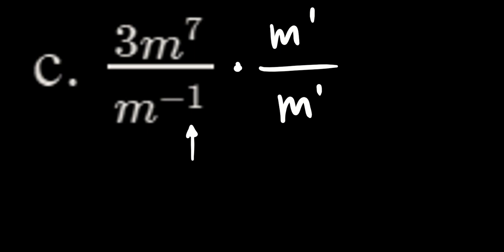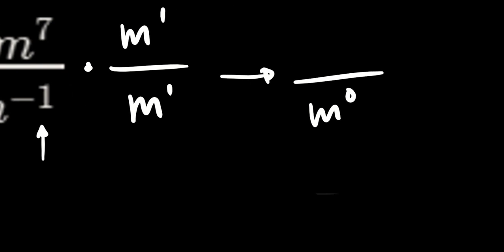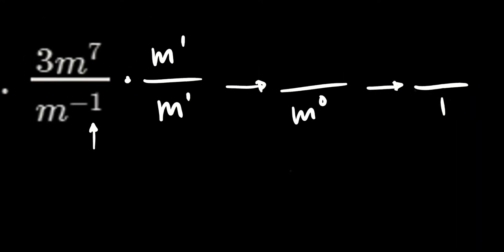Now, it is multiplication of fractions, and when I look at my denominator times my denominator, m to the negative 1st times m to the 1st becomes m to the 0 power. And what's significant about that is that's just the number 1. So I'm dividing by 1 now in my new answer.